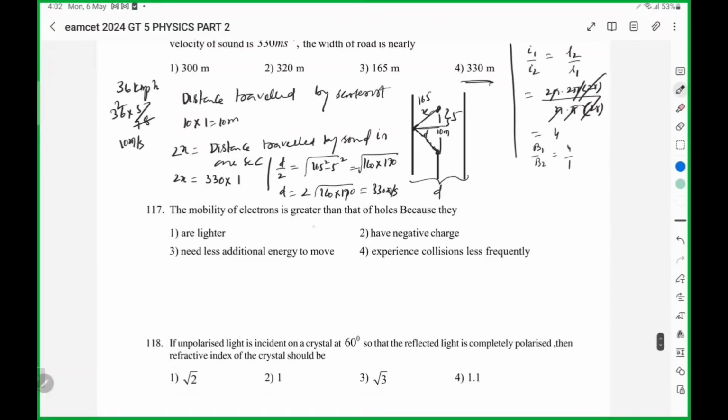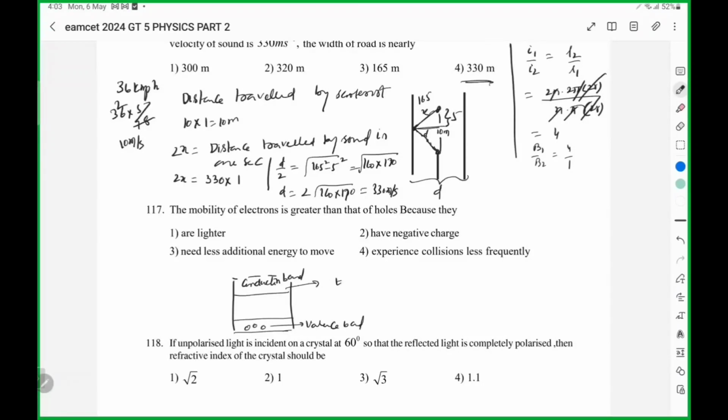Here, the mobility of electrons is greater than that of holes. So electrons are in the conduction band. Here, holes are present in the valence band.